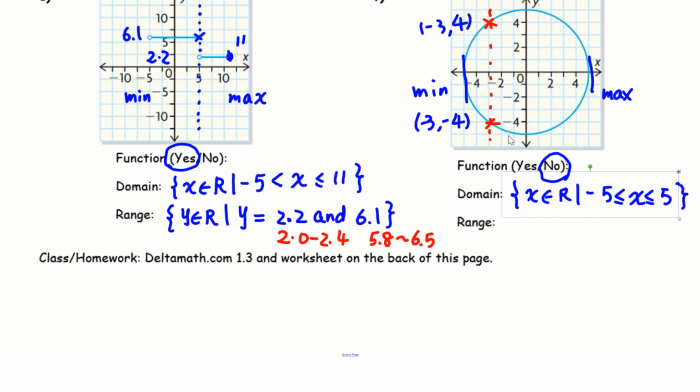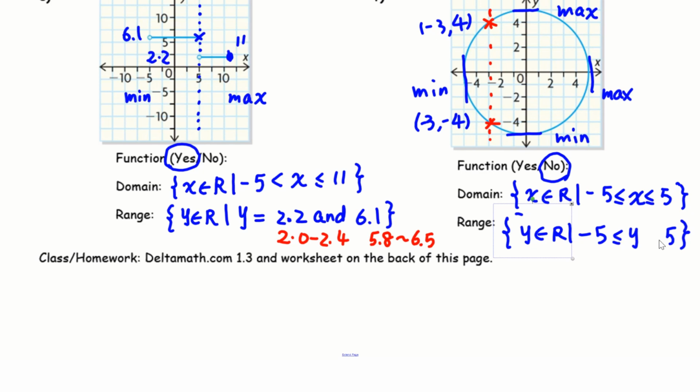And for the y, the lowest point is minimum -5. The maximum point is +5. So the range for y is y belongs to all real numbers such that minimum -5, maximum +5. Then y is between these two numbers, less than or equal to.